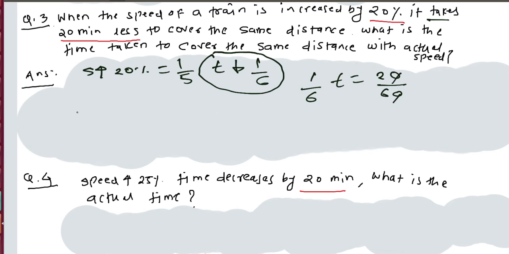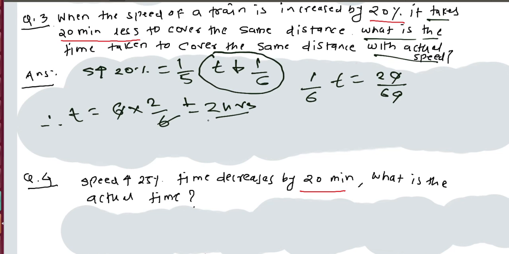Therefore time is equal to 6 into 2 by 6, or 2 hours. So the original time is 2 hours, and that is what we are asked to find: the time taken to cover the same distance with actual speed is 2 hours.